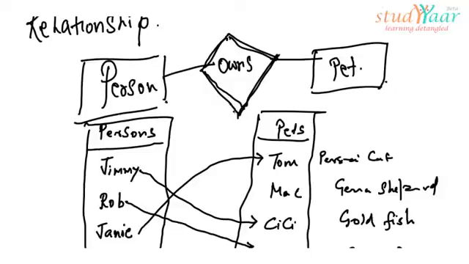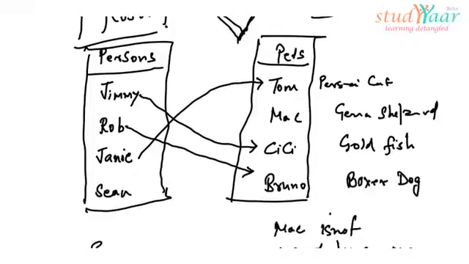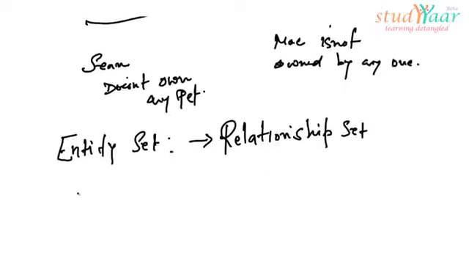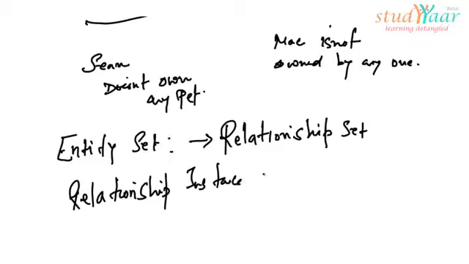Next, what we'll see is a relationship instance. Relationship instance is one of the values in the relationship set.